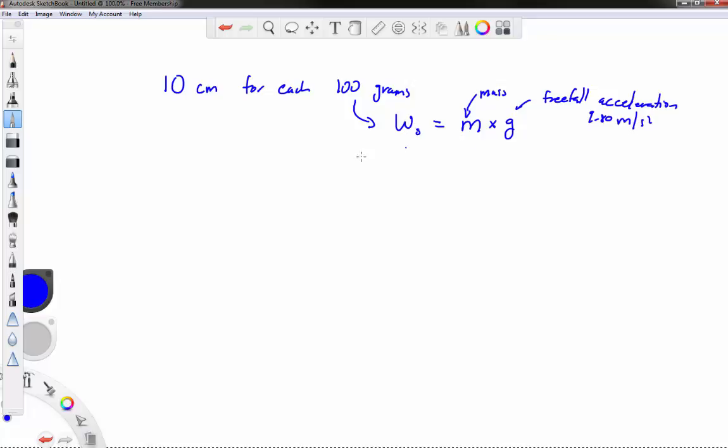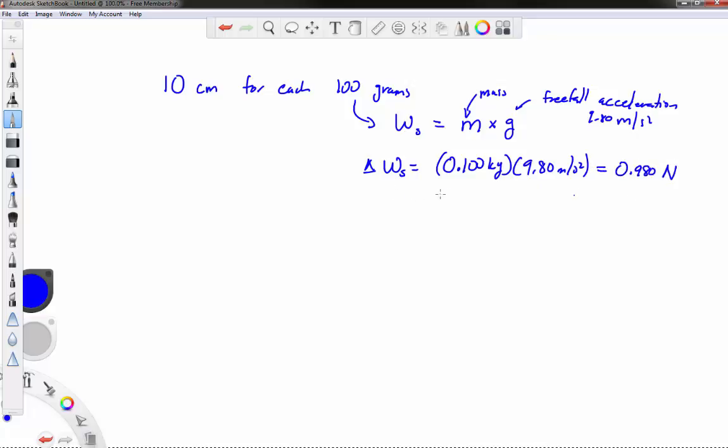Alright, so basically this weight is saying that for every 100 grams, so we'll call that a delta W, we have 0.100 kilogram times 9.80 meters per second squared. So if you multiply these two things together, you get 0.98 newtons. This right here is basically like a delta X, and it is 0.10 meters.